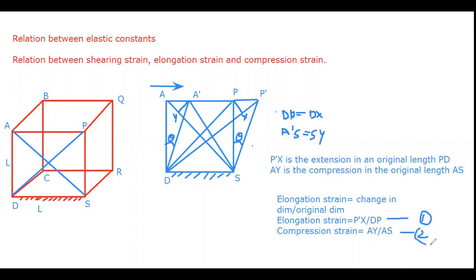Now find the elongation strain, P dash X over DP, and similarly the compression strain, AY over AS, and substitute in these equations.